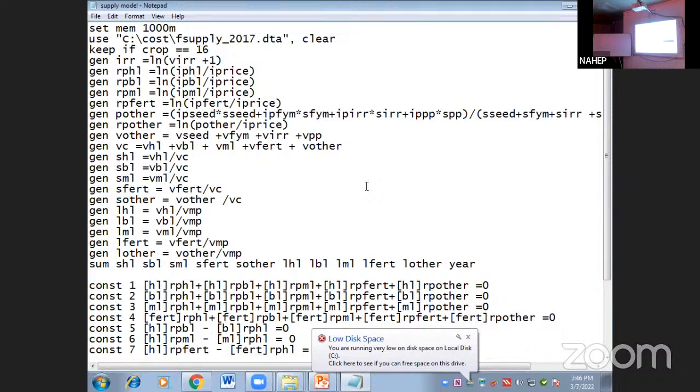Once you get the share, you regress that on the relative price of fertilizer, on labor, on everything, same way, and then impose the restrictions. And once you impose the restrictions, then you run the model, you get a beautiful estimated 6 equations, and the 7th equation we derive by using the additive constraints.